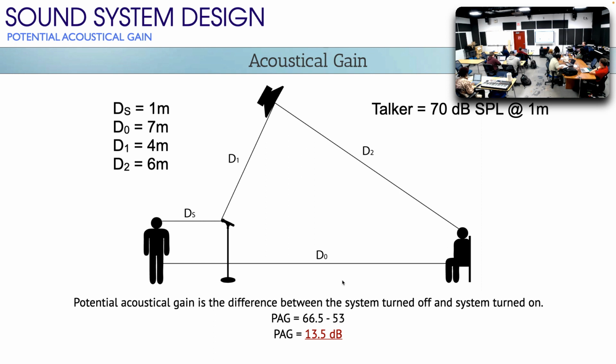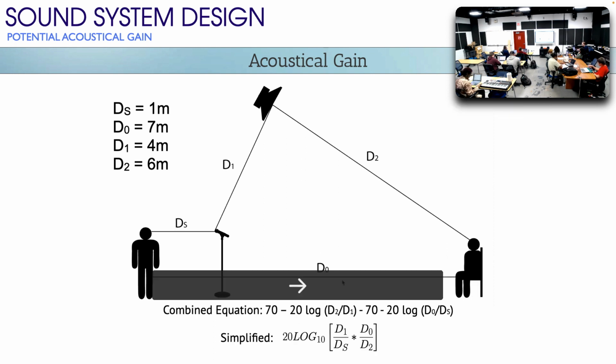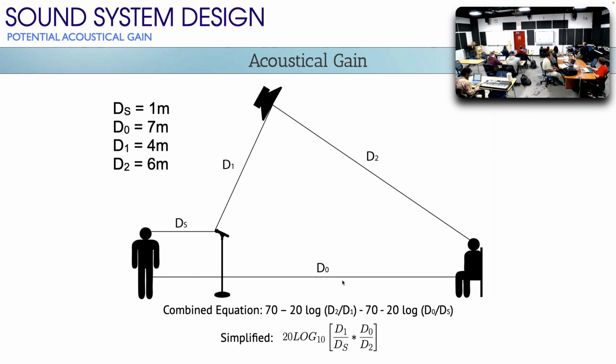But here's something I want to make sure you can wrap your head around for a moment. I have written where it says combined equation. That is the math we just did all strung together. Okay? 70 minus 20 times the log of d2 divided by d1, minus 70 minus 20 times the log of d0 divided by ds.